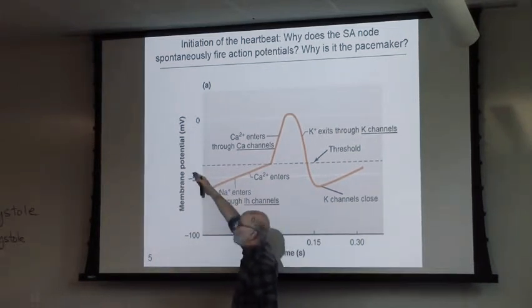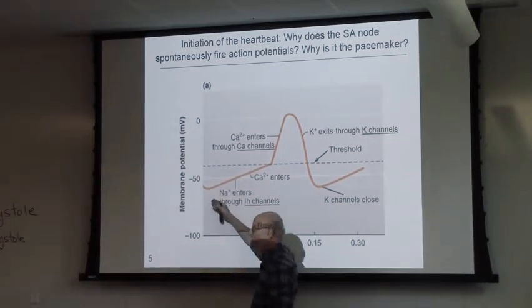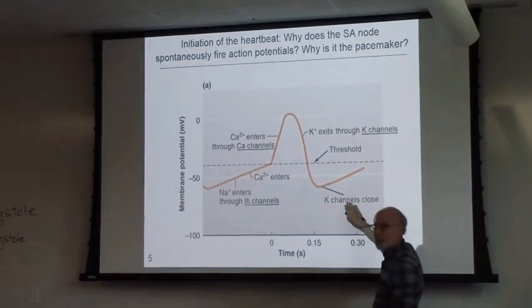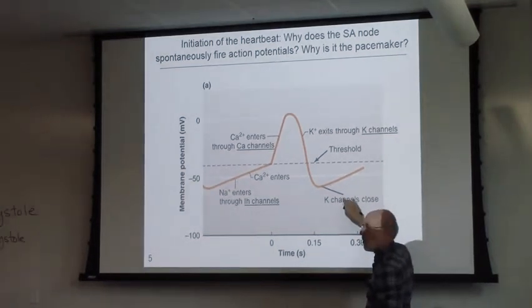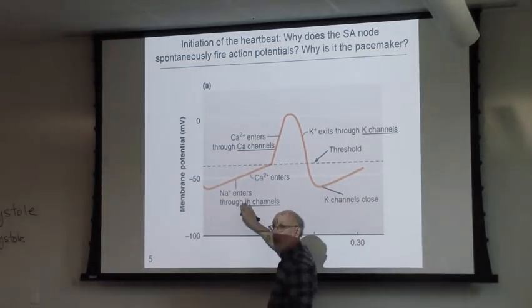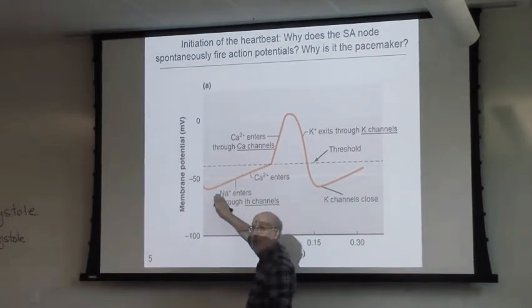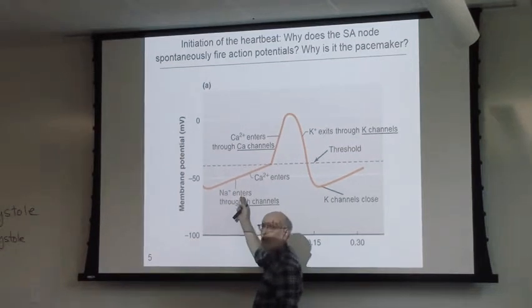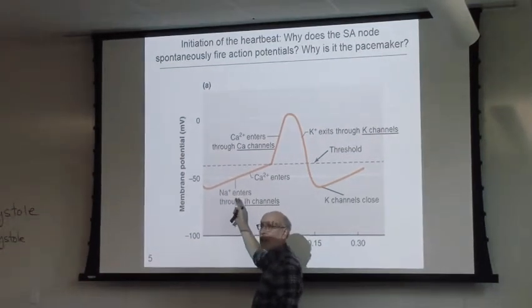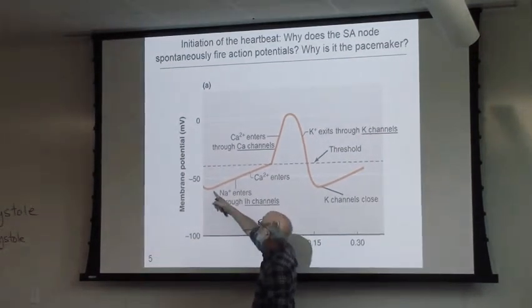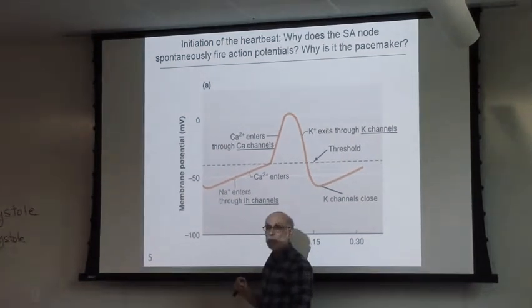So when the membrane hyperpolarizes, because of voltage-gated potassium channels, IH channels open, sodium flows which way? In, and that sodium influx causes depolarization.